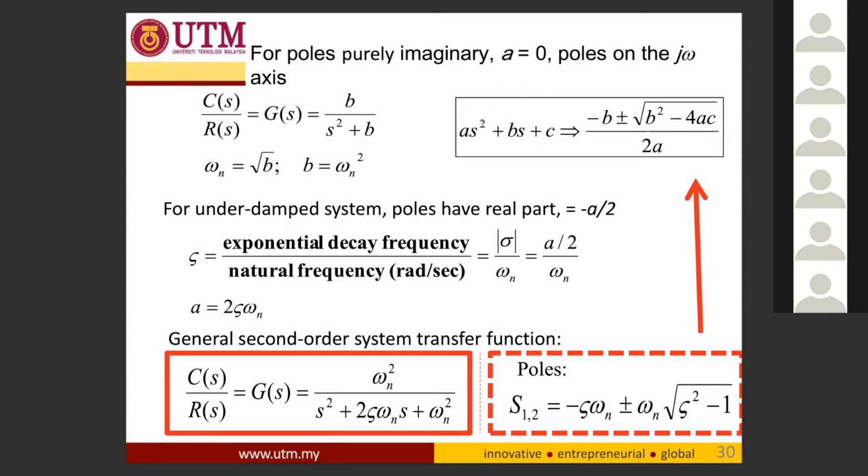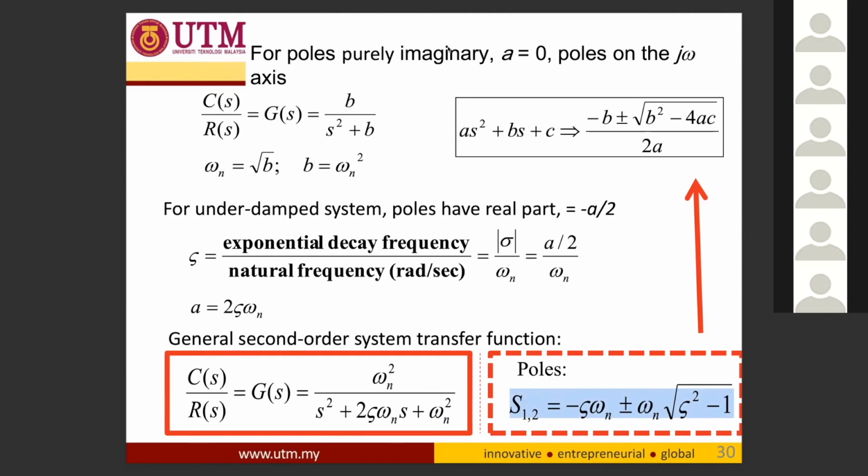We can find the roots using the quadratic formula, minus b plus minus square root of b square minus 4ac divided by 2a. So zeta is equal to a divided by 2 omega n. Then we can find the standard general second order transfer function: omega n square over s square plus 2 zeta omega n s plus omega n square. When we factorize this quadratic, we get these roots, and these roots represent the poles of the system.